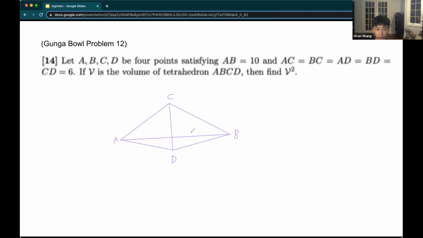Okay, we have AB equals 10 and all the other sides are 6.